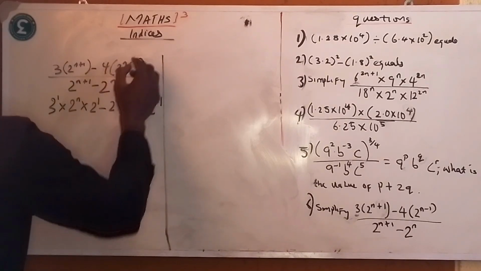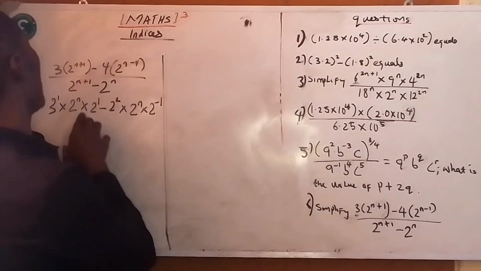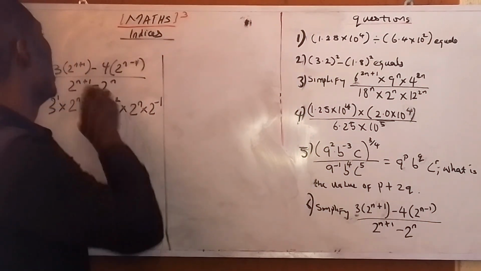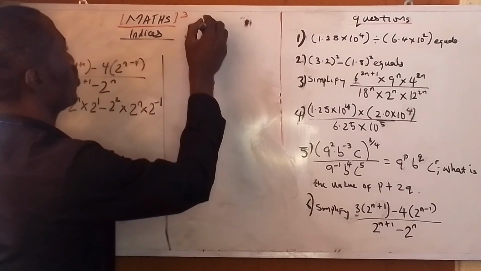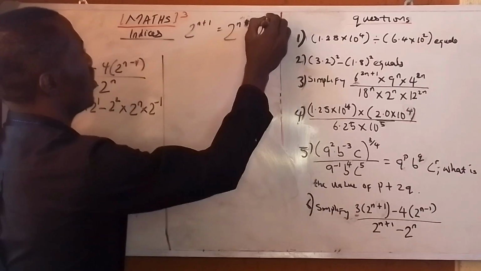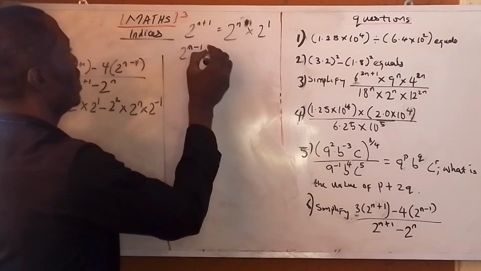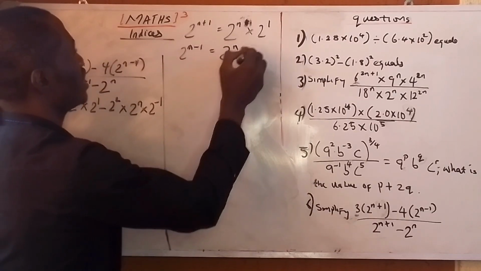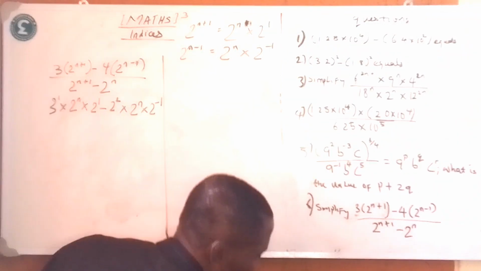If you are asking why this is 2 raised to the power of n times 2 raised to the power of 1, it is because 2 raised to the power of n plus 1 is the same thing as 2 raised to the power of n times 2 raised to the power of 1. Now, 2 raised to the power of n minus 1 is the same thing as 2 raised to the power of n times 2 raised to the power of minus 1. So that's where we got that concept from.